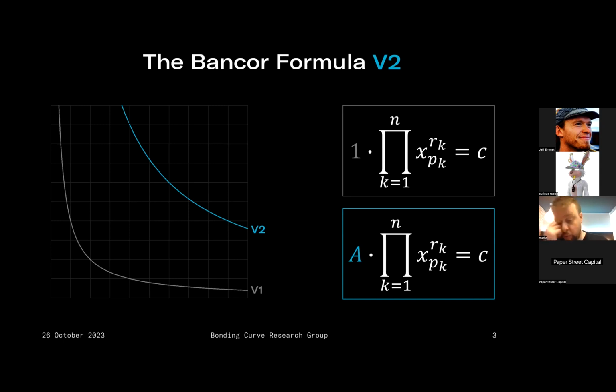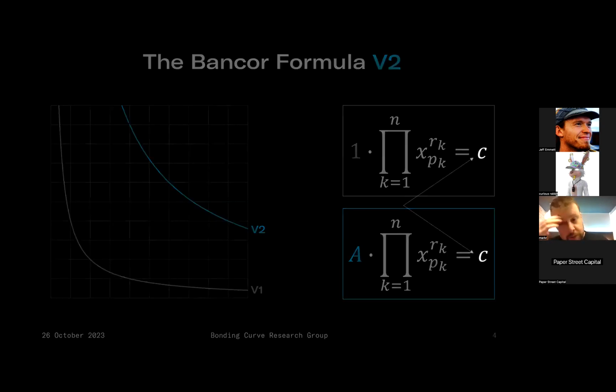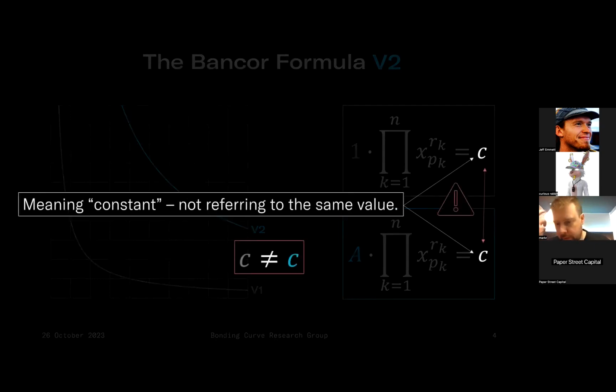Now, the problem with how I presented it was that when I gave these formulas, on a very large number of slides, I had this equals C part, which actually just means that this is a constant value. It didn't mean that these are necessarily the same value.